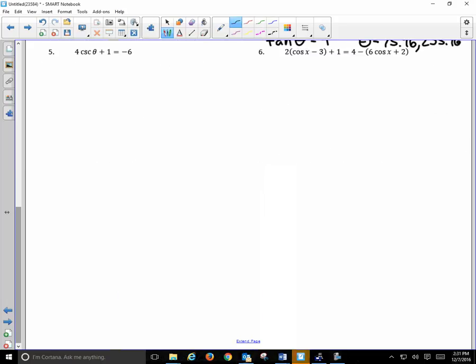Number 5. This should be a straightforward one for everybody. What do we do first? Add 1. 4 cosecant of theta is equal to negative 7. Divided by 4, cosecant of theta is negative 7/4. Now what?